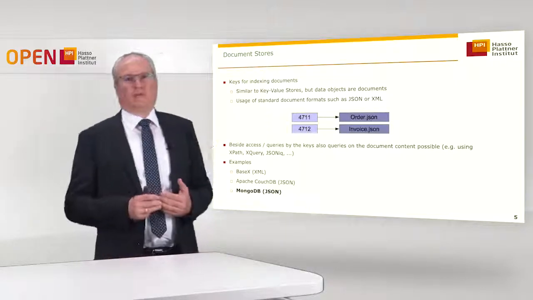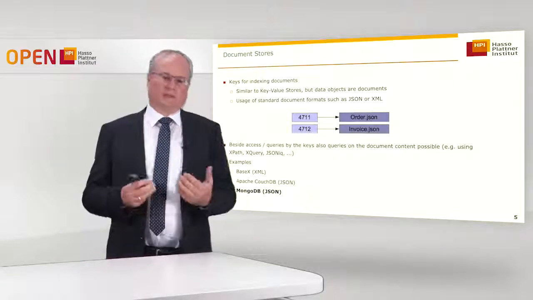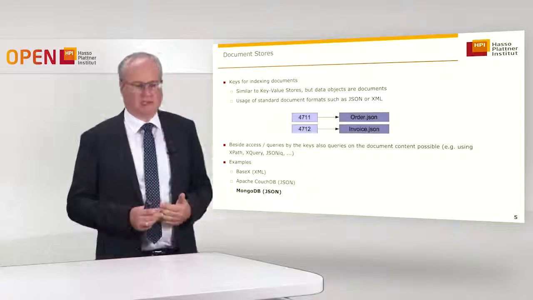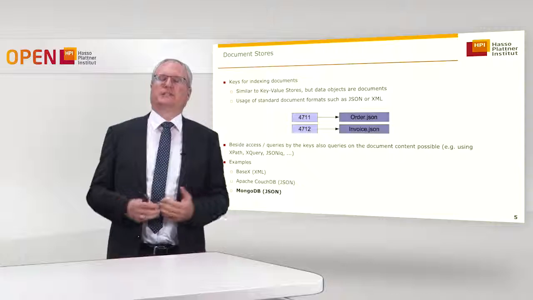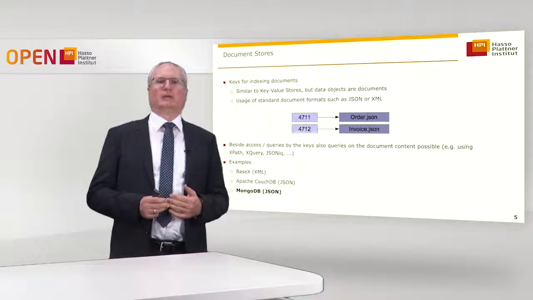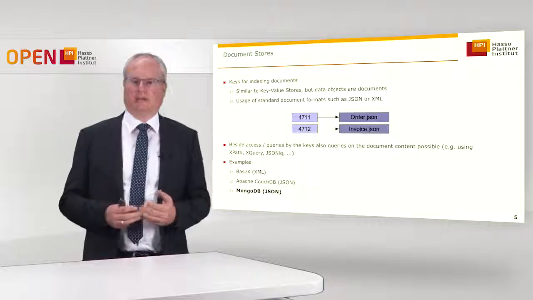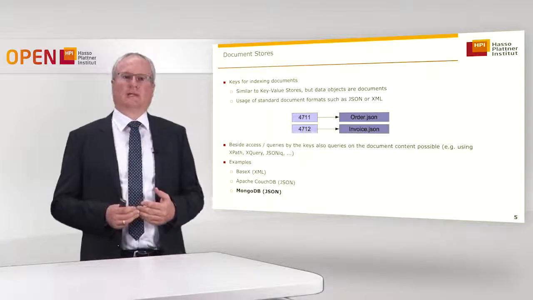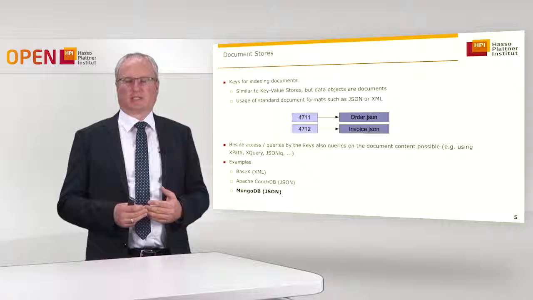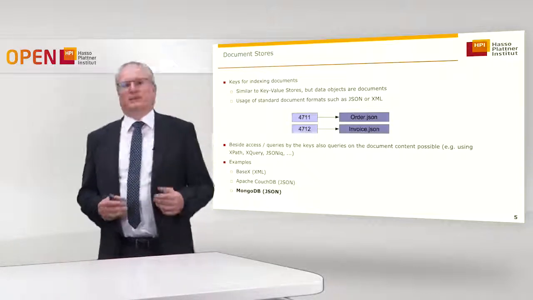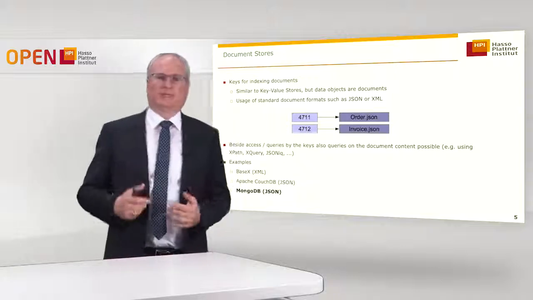The most popular formats used in document-oriented databases are either JSON, the JavaScript Object Notation format, which is a textual representation of hierarchical information in a way that it automatically is a valid JavaScript object definition, so it can be directly parsed and used in JavaScript, which is very nice for building web applications that directly access the database from the front end.